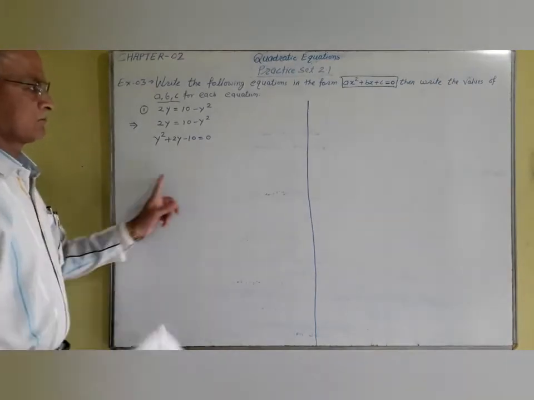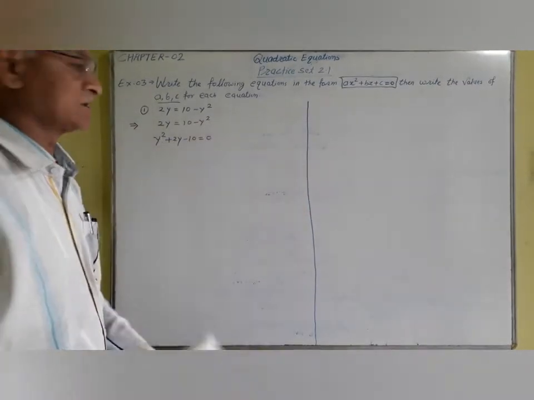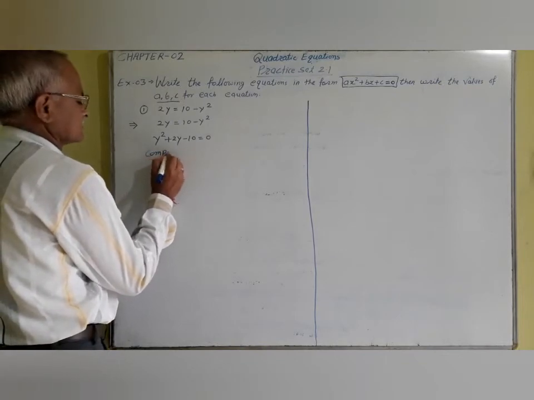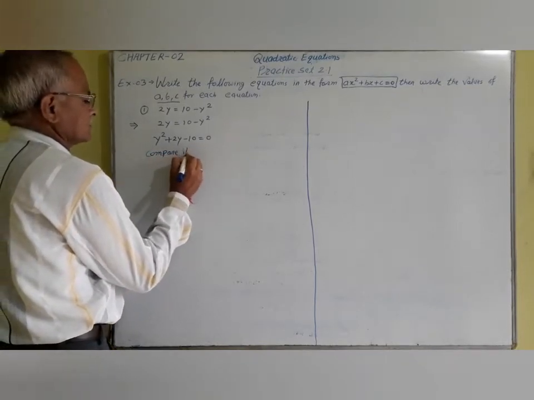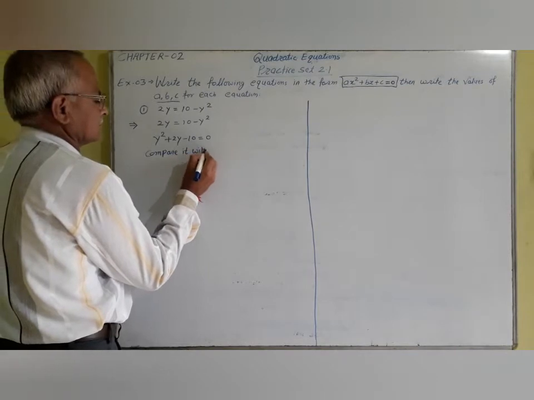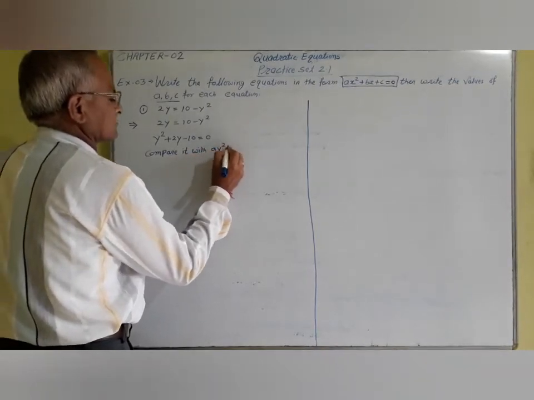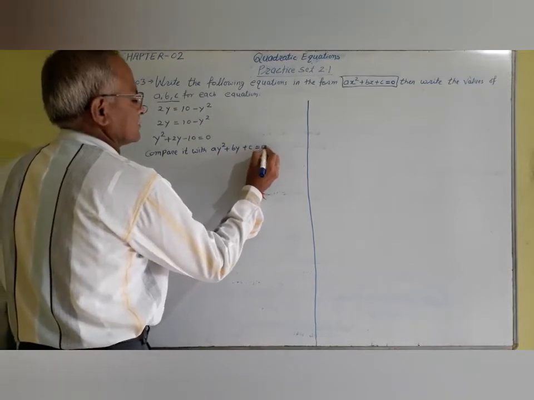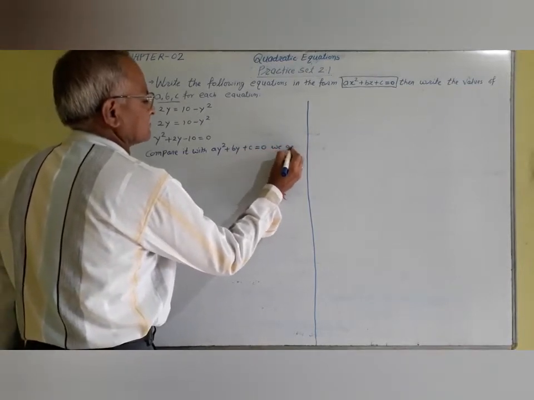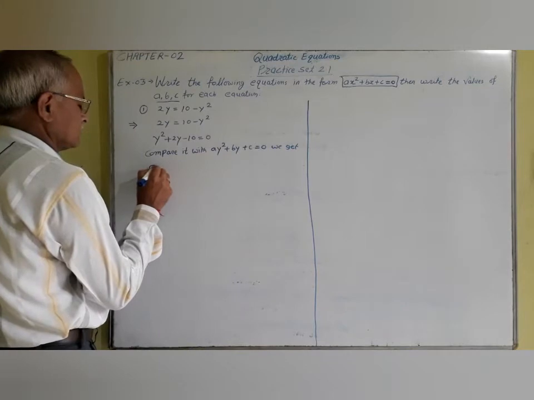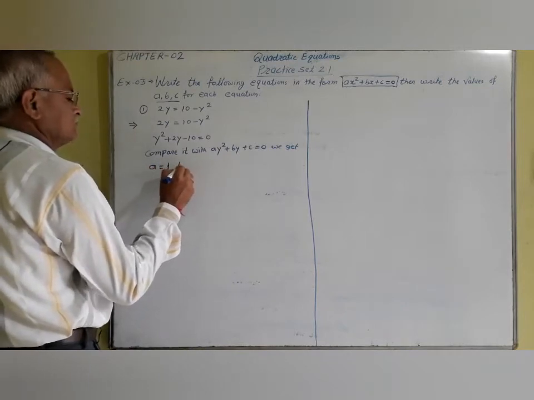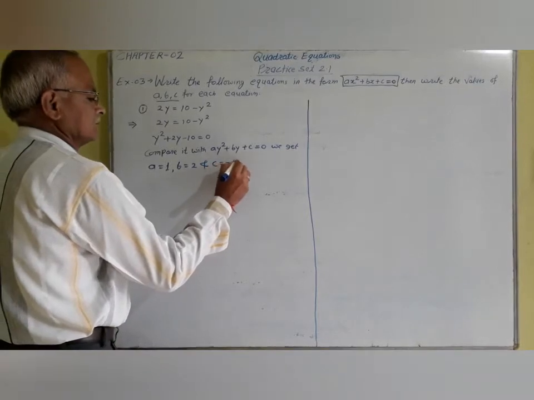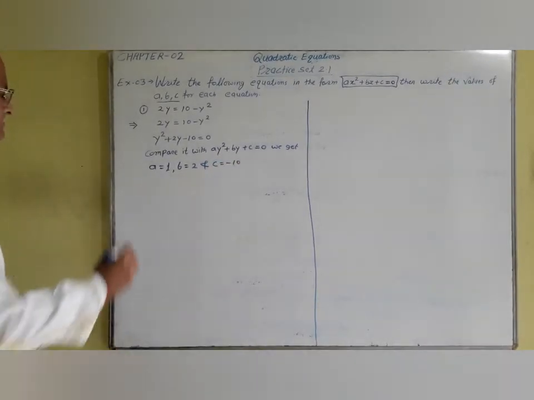Now it is in the form of ax square plus bx plus c is equal to 0. We have to compare it with ay square plus by plus c is equal to 0. We get a is equal to 1, b is equal to 2 and c is equal to minus 10.